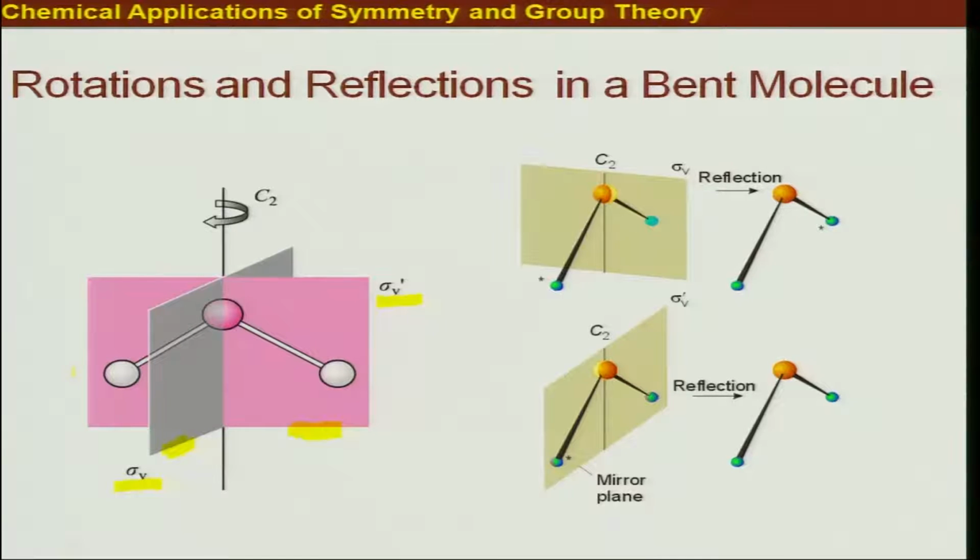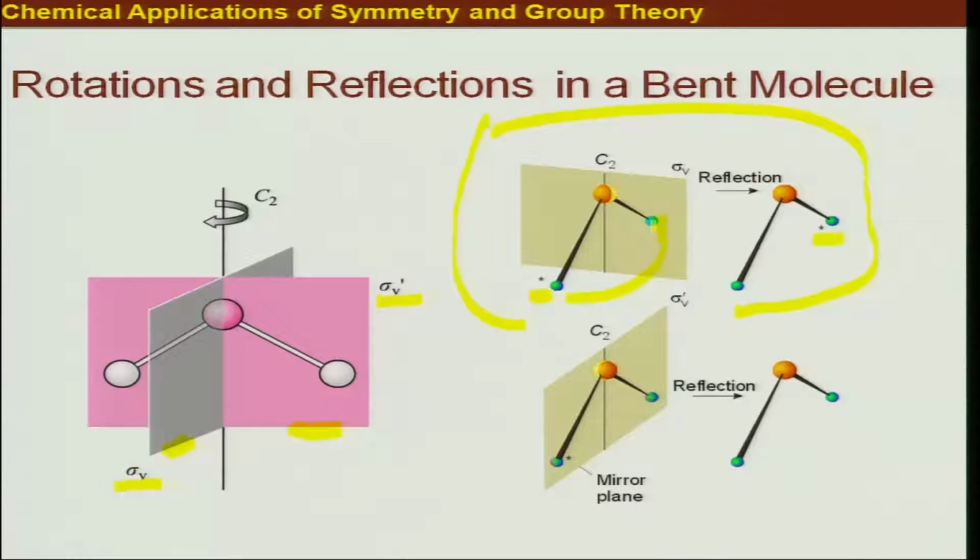Now on the same screen you can see that I am putting this C2 and sigma v there, and you can see how the operation will transform the molecule. In the first case, in this top part, you will see a star marked hydrogen atom which moves from here to here. So C2 will move this hydrogen atom over here.